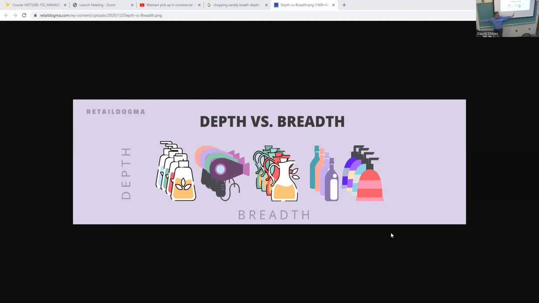It's this way. Breadth. The depth is the number of different brands, different sizes, and different items you have within a given product category. It's a way of thinking about this in 3 dimensions, all right? The breadth, how wide it is, and the depth, how deep it is.